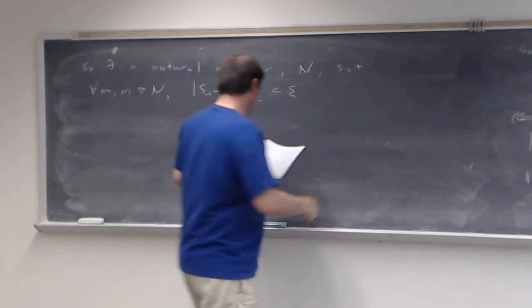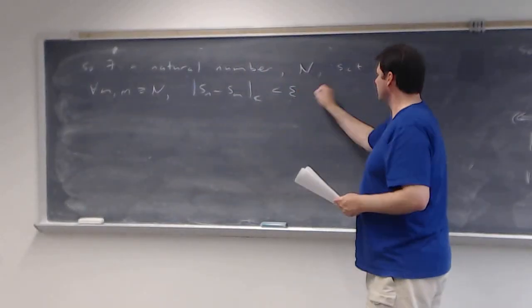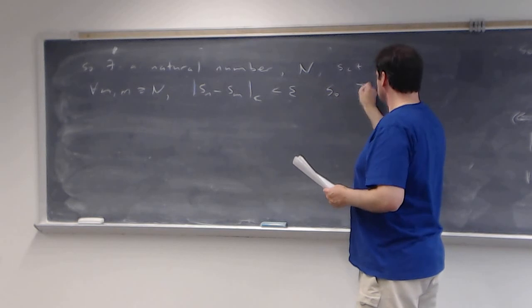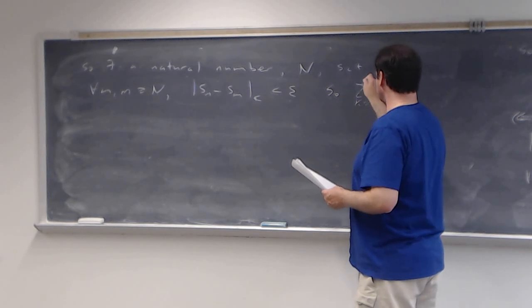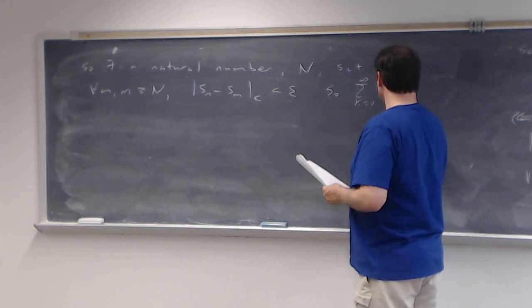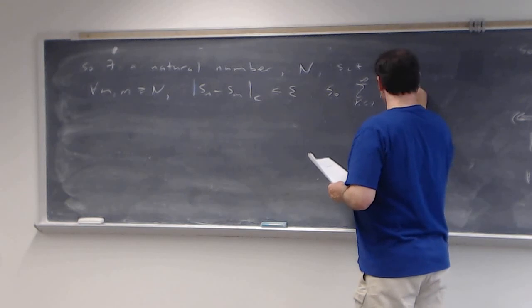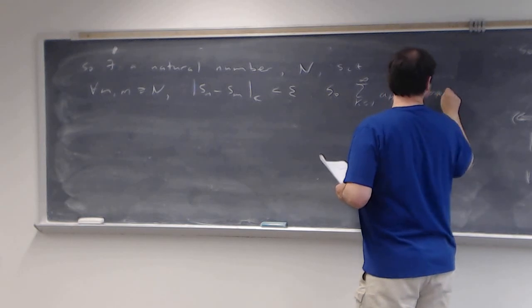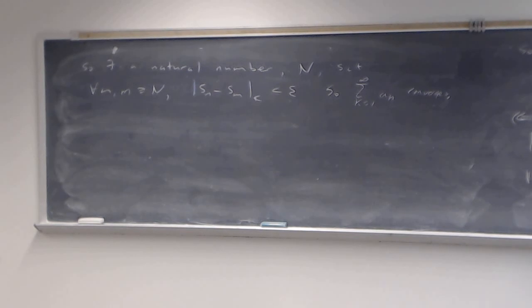We take the distance between them in the complex plane. And so this says that this series converges, because the sequence of partial sums was Cauchy.